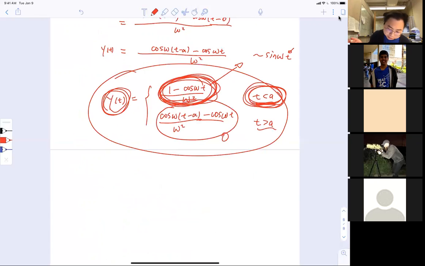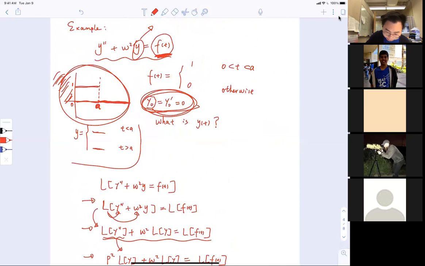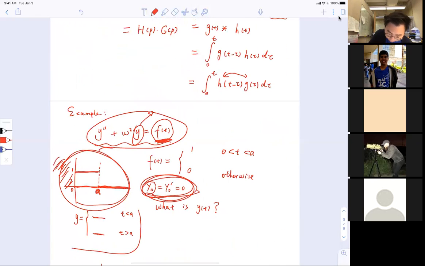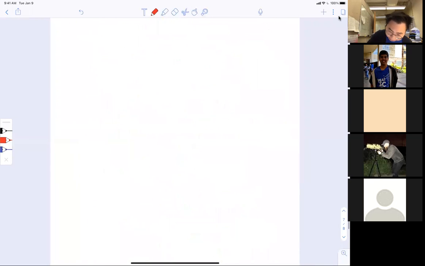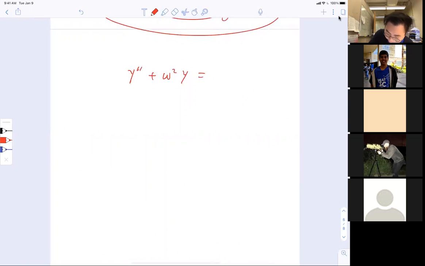Yeah. Okay, so let's go back to the physics. Let's look at what this equation is describing. So basically it's y double prime plus omega squared y. That is a very good question. Thanks for asking. As a physics student, you should always ask questions like this. So basically there are two forces. One is a spring force.